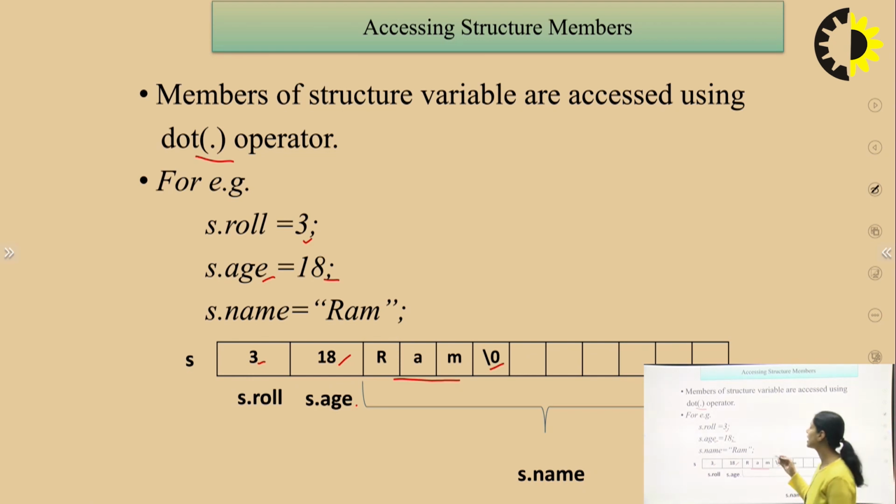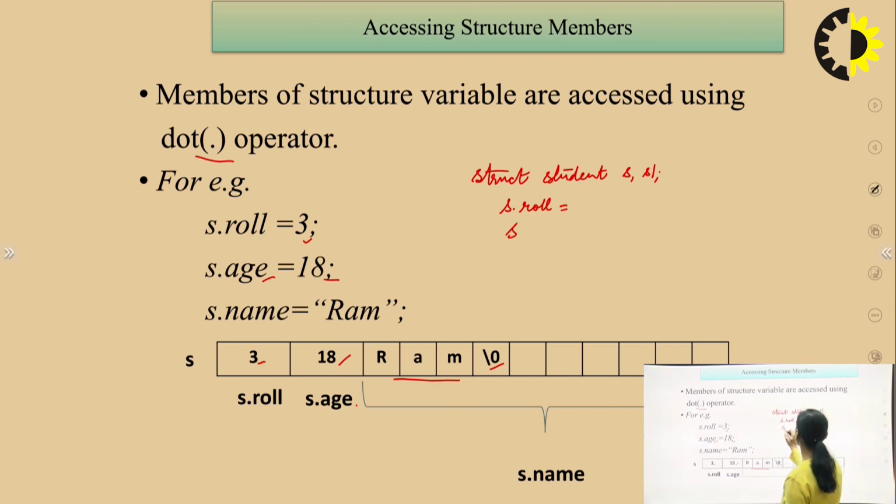Suppose I have another one: struct student S, S1. Now here I have two variables. For roll number, we'll have a different roll number for S and a different roll number for S1.